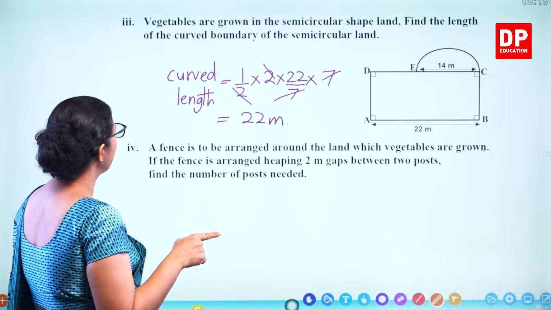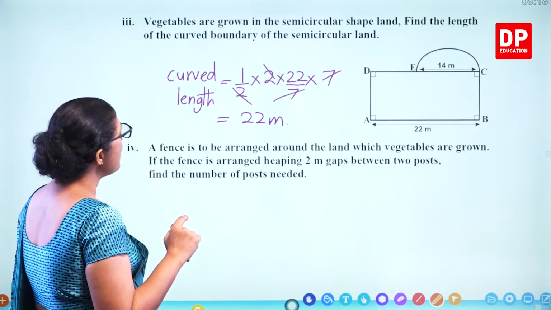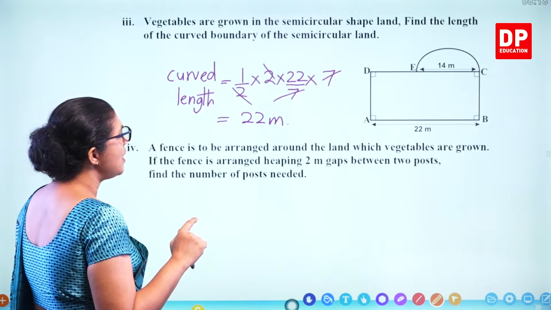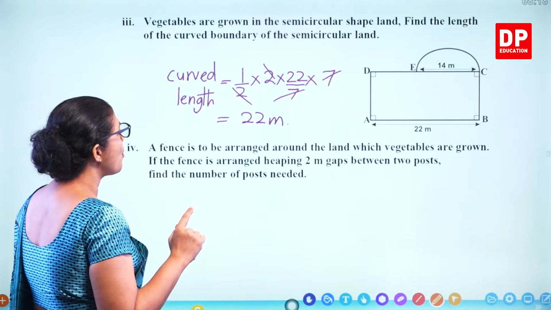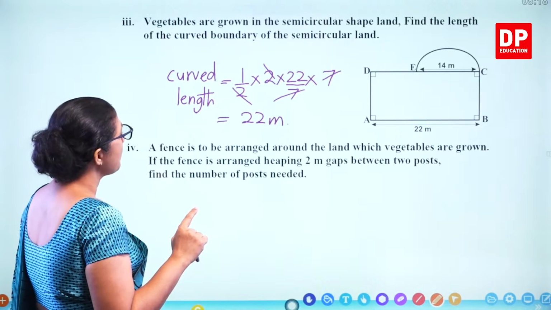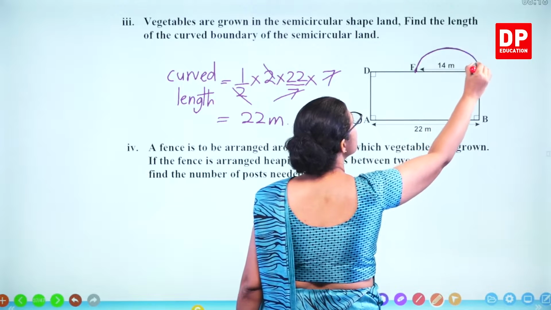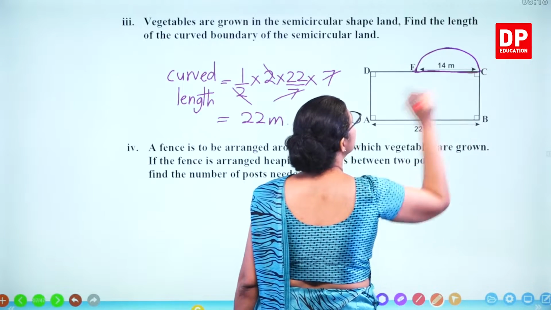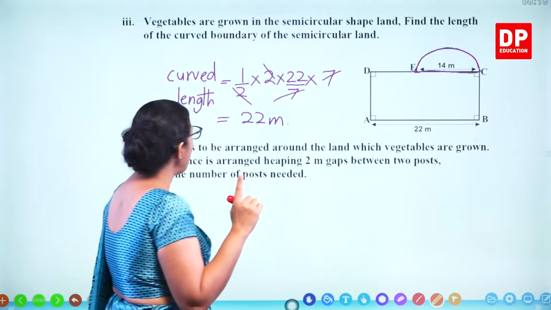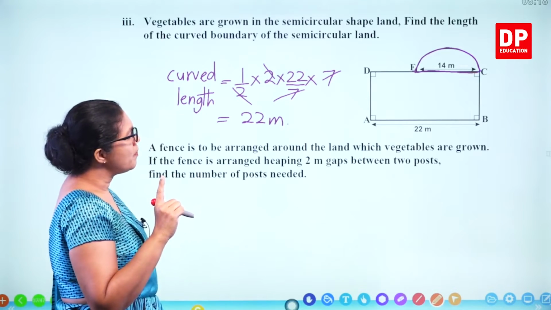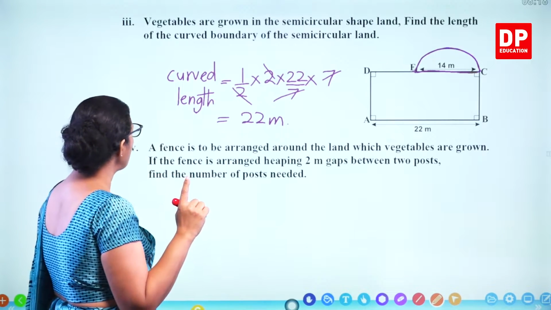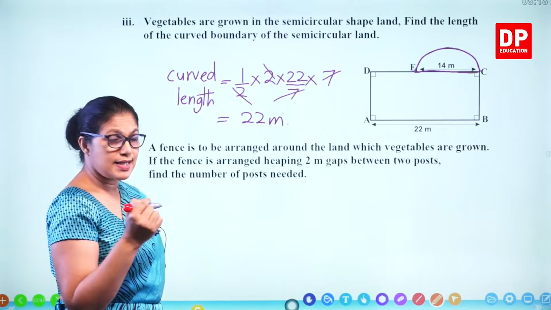curved length. A fence is to be arranged around the land which vegetables are grown. So that means around this. If the fence is arranged keeping 2-meter gaps between 2 posts, find the number of posts needed.